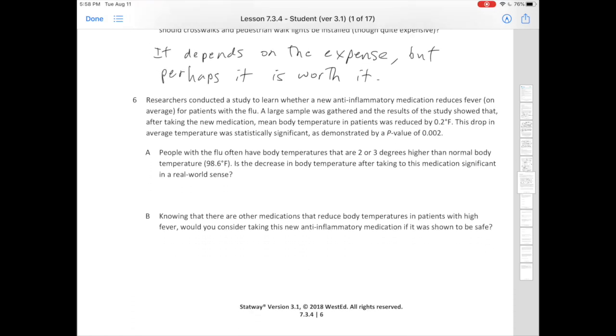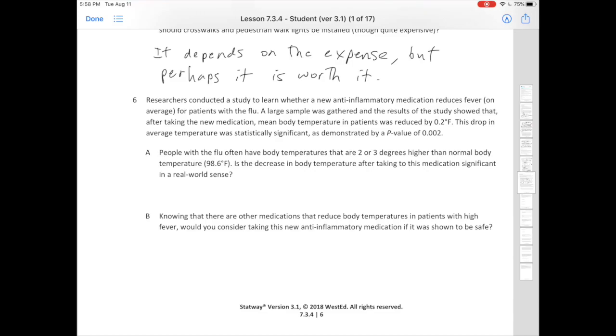Let's do another example. This will be our last one. Researchers conducted a study to learn whether a new anti-inflammatory medication reduces fever on average for patients with the flu. A large sample was gathered, and the results of the study showed that after taking the new medication, mean body temperature in patients was reduced by 0.2 degrees Fahrenheit.